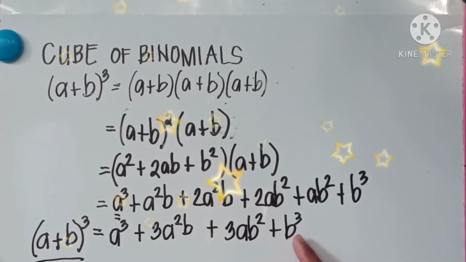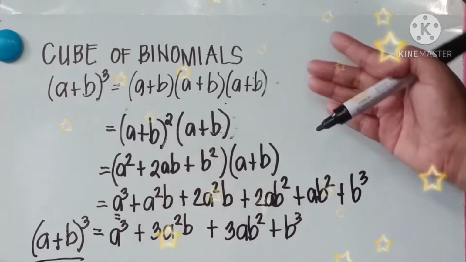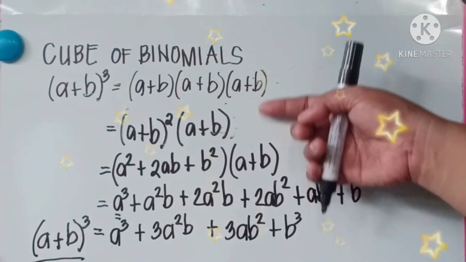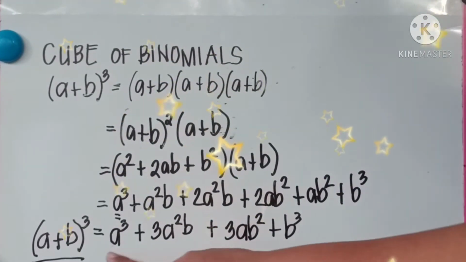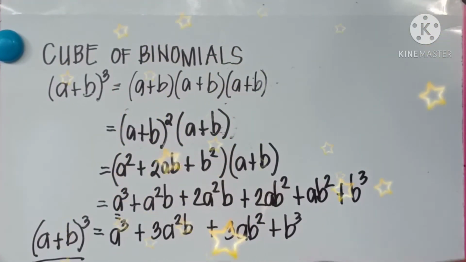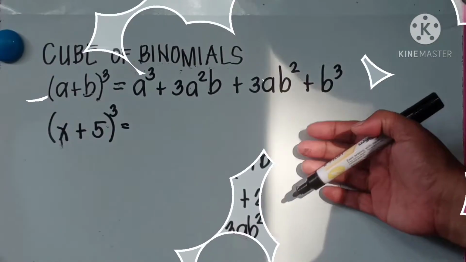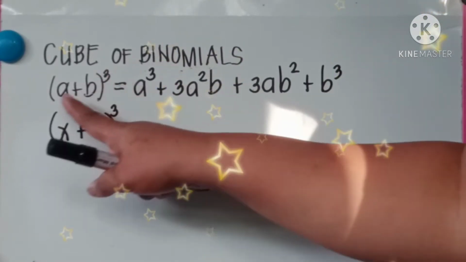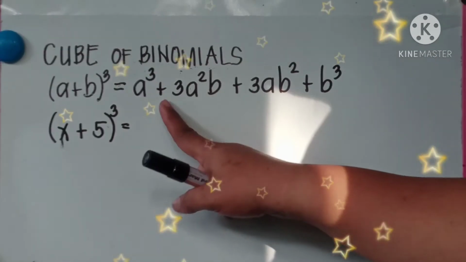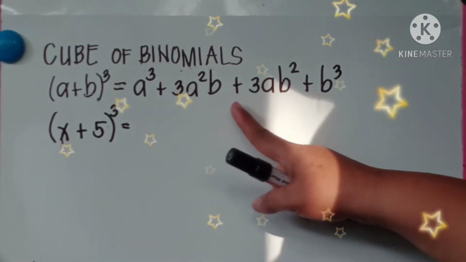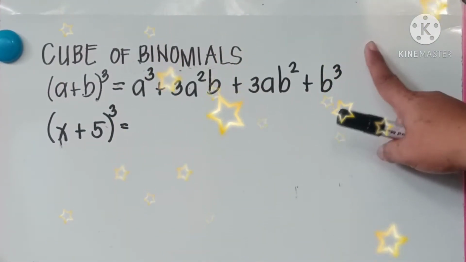Then plus the cube of the second term. Okay? So no need to solve this long multiplication. Just use this expression to get the product of the cube of a binomial. So again, the cube of a plus b is equal to a cubed plus 3a squared b plus 3ab squared plus b cubed.